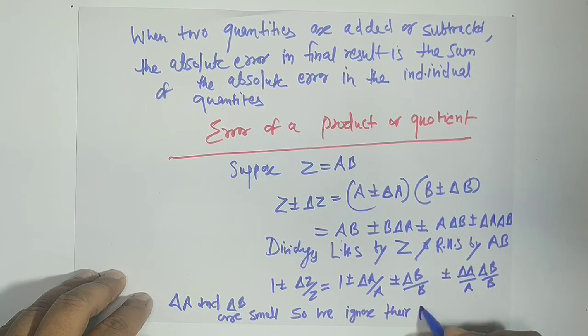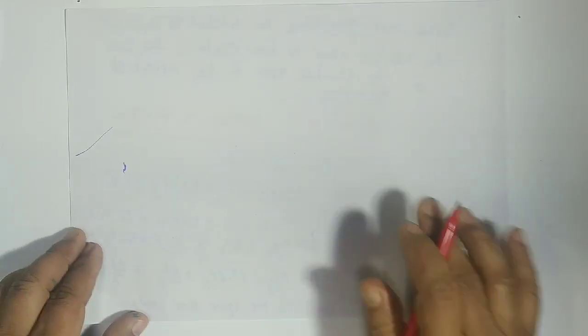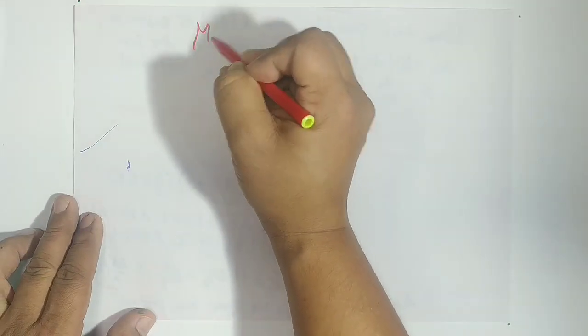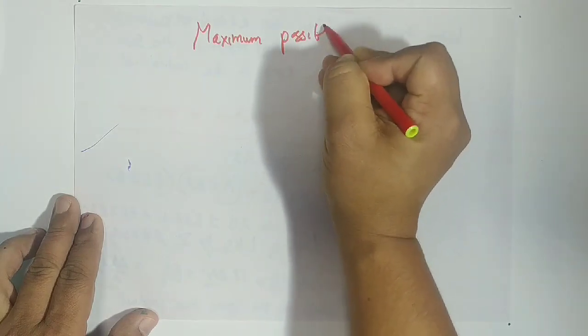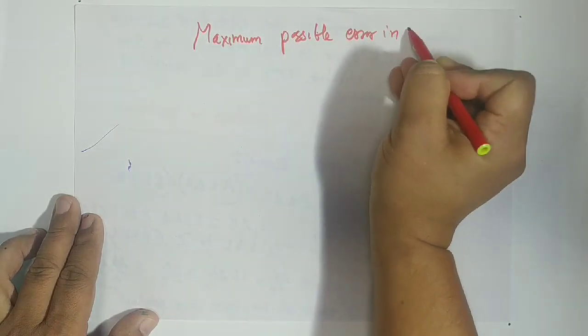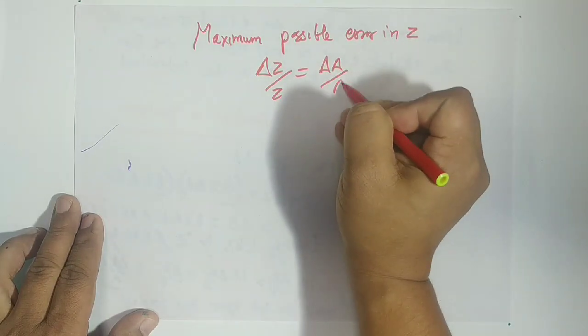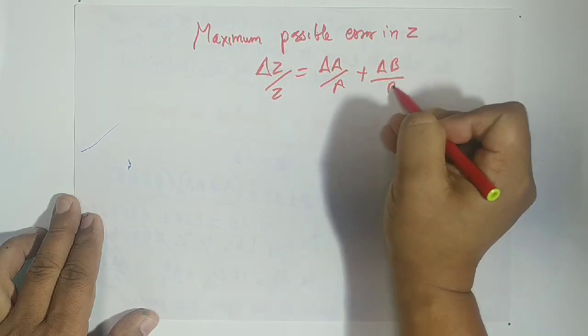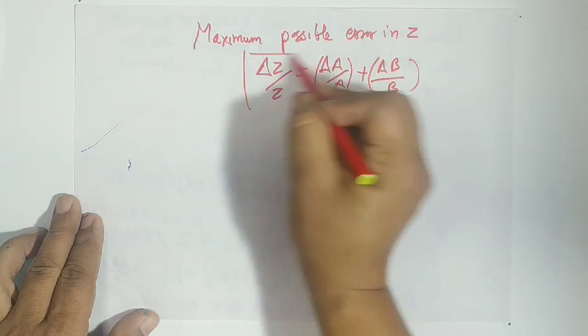We ignore their product because it will become very small. Remember, finally we can write that the rule for maximum possible error in Z is delta Z by Z equals delta A by A plus delta B by B. This is the rule for the product.